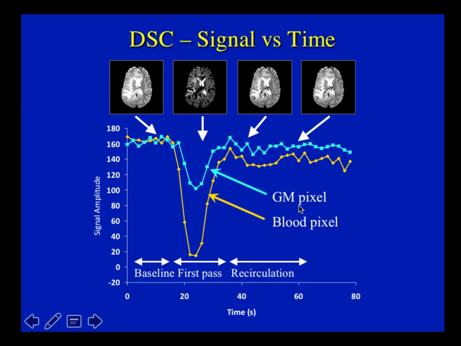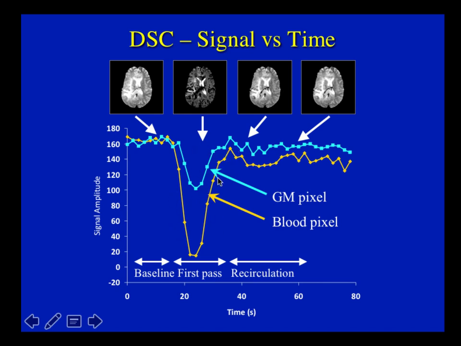One is a gray matter pixel, and another one is a blood pixel, where the signal intensity is mostly blood. In both pixels the baseline signal is quite high. As the contrast starts to come in, the signal intensity decreases in both cases, and there is a peak signal intensity loss. As the contrast washes out, we see the signal intensity coming back.